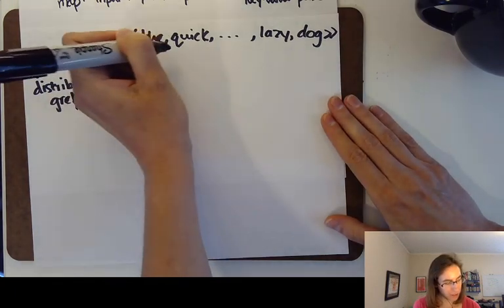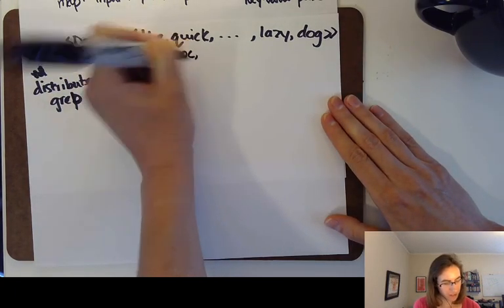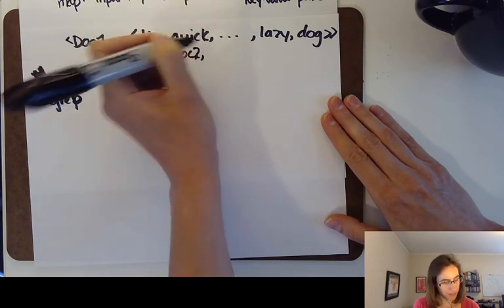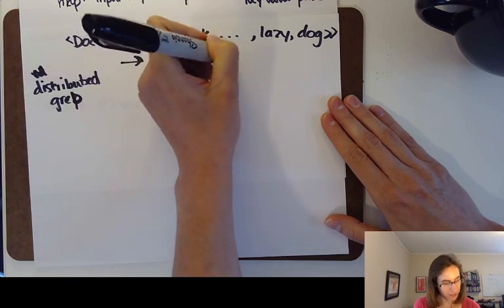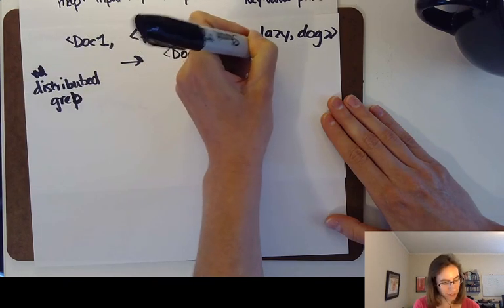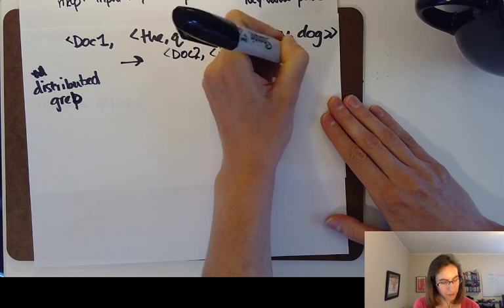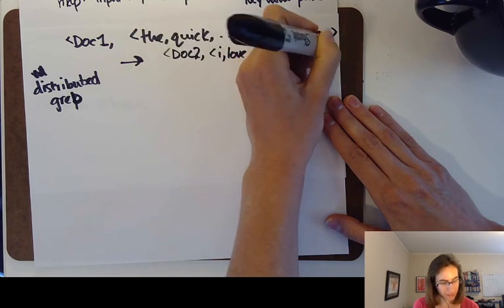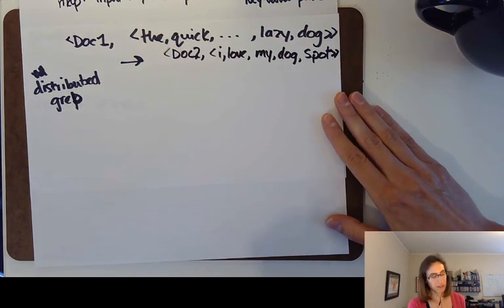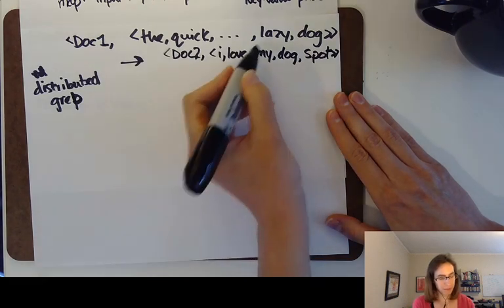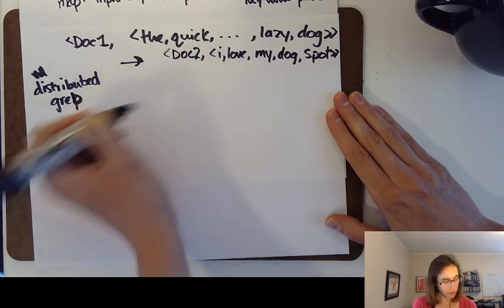Or if we have a document that says, I love my dog, Spot, then maybe the output we would want would be something like this.